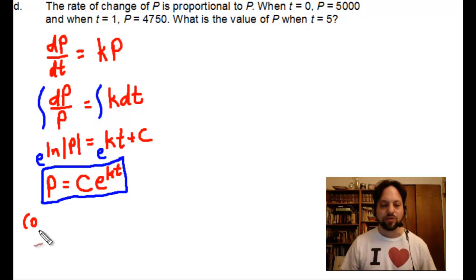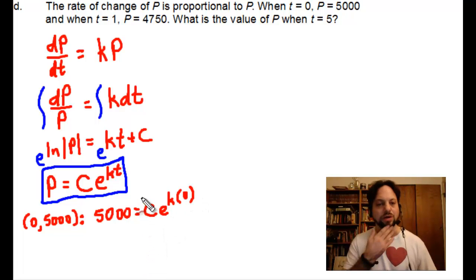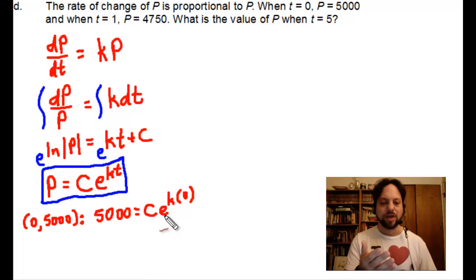The initial condition, of course, is (0, 5,000). And if I go ahead and make some substitutions, let's see, I'll have 5,000 equals C e to the k multiplied by t, which is just 0. Oh, well, that means we have e to the 0, and that tells us what c must be. C has to be 5,000 then.